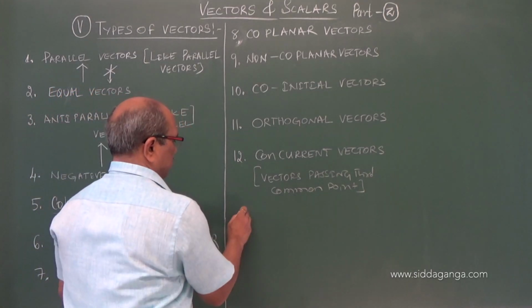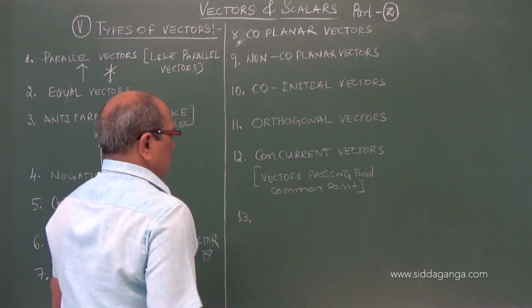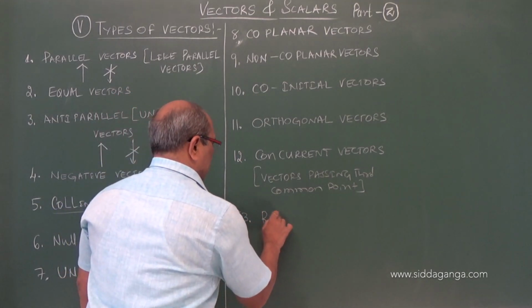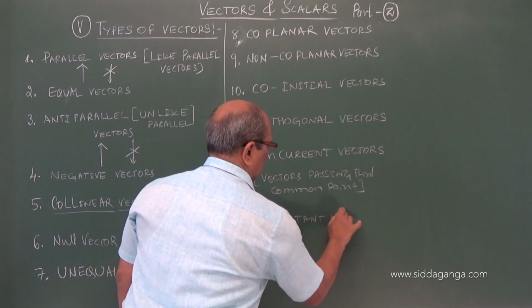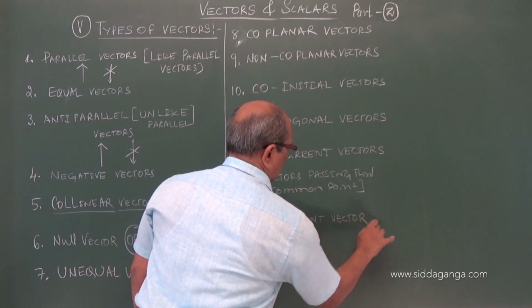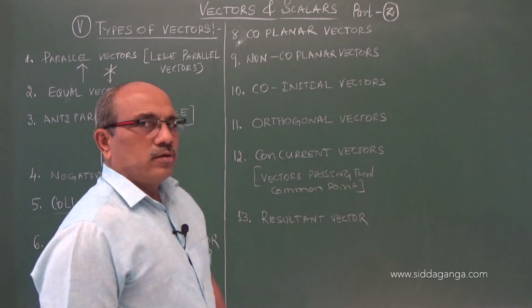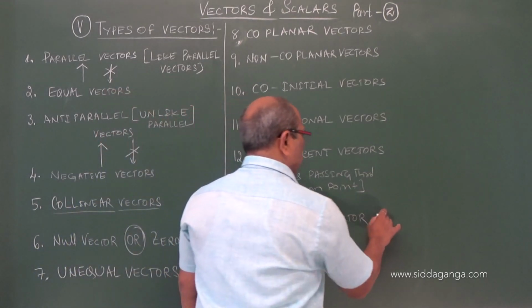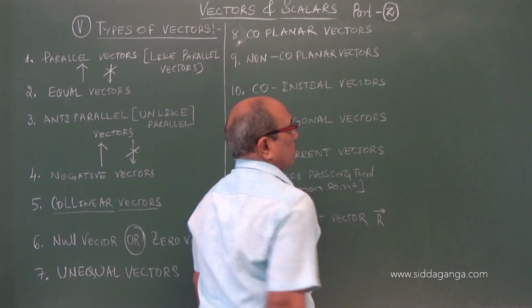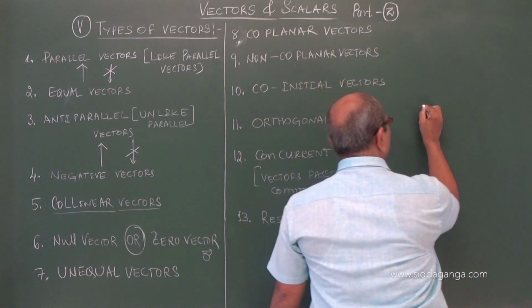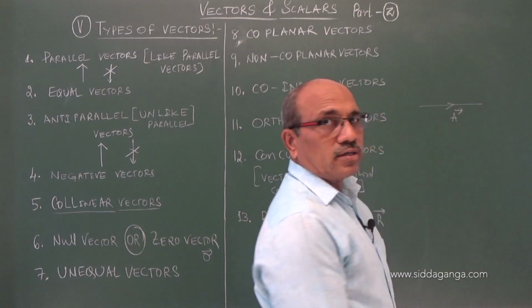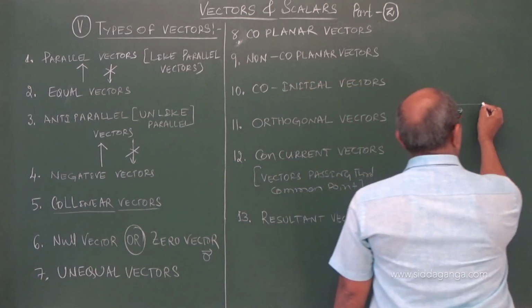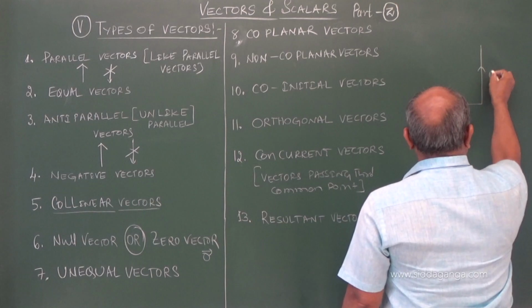13th, I am taking the resultant vector. Resultant vector is commonly written like this. I told you one concept when we started vectors: vector A, and I took another vector B as an example.